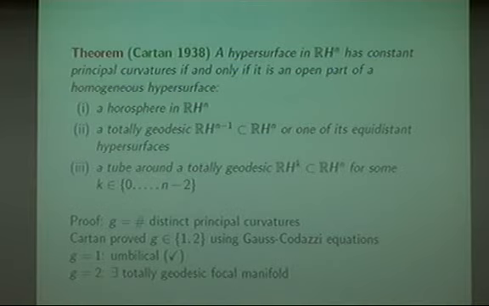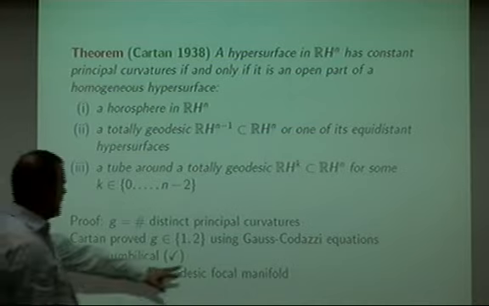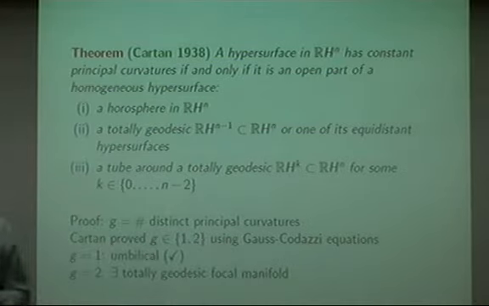And then one can use, again, the Gauss and Codazzi equations to prove that this focal set must be totally geodesic. So as a conclusion, one gets that the hypersurface must be a tube around a totally geodesic submanifold. So eventually what one needs then is the classification of totally geodesic submanifolds in hyperbolic space.